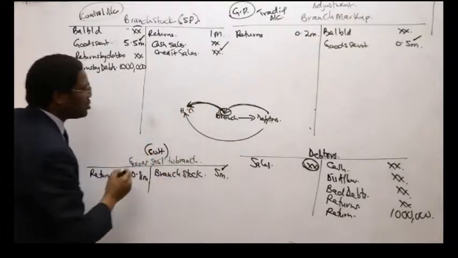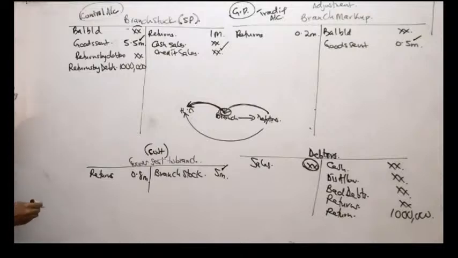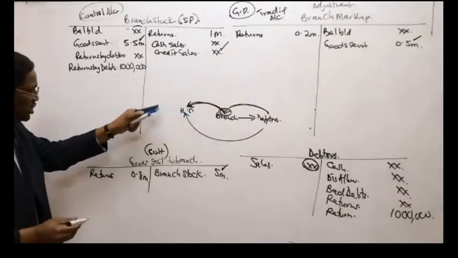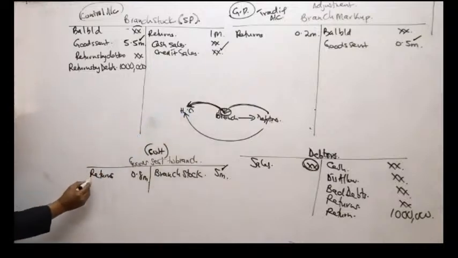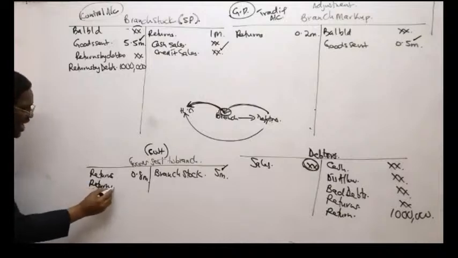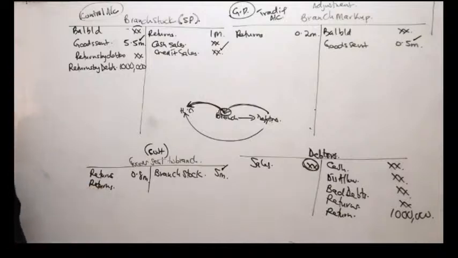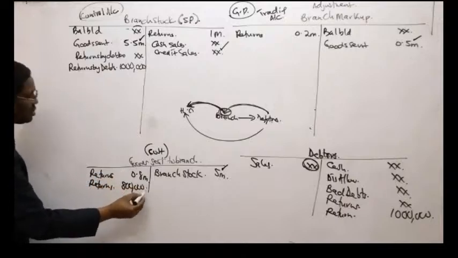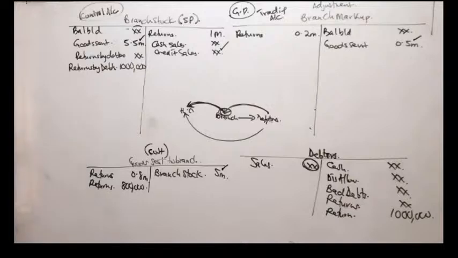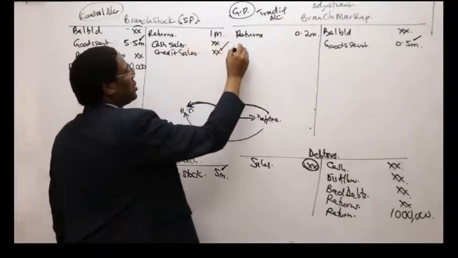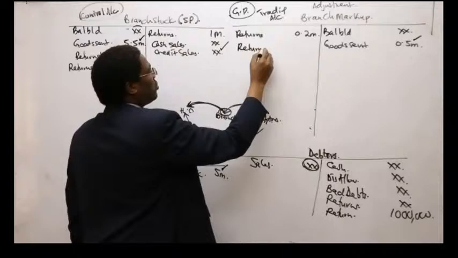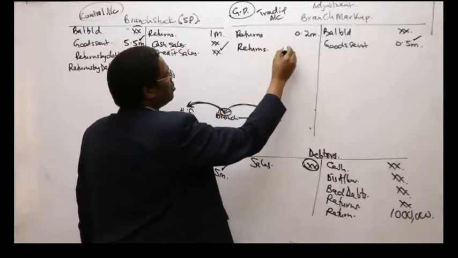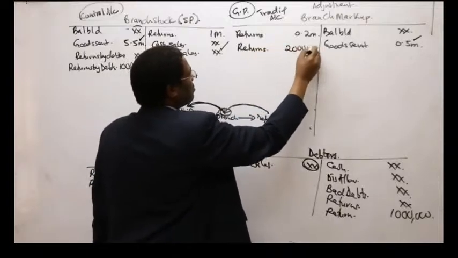So with goods returned by the branch to the head office, we debit goods sent to branch at cost price, which we want to assume is 800,000 for purpose of illustration, and we debit branch markup with the profit loading, which we want to assume as 200,000.